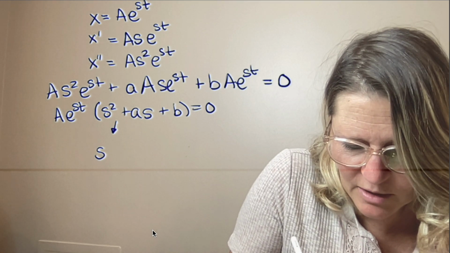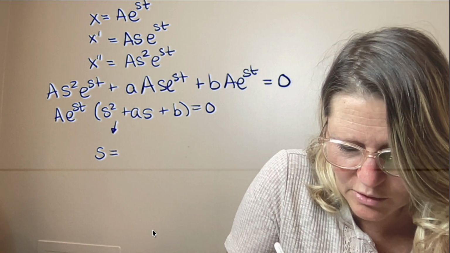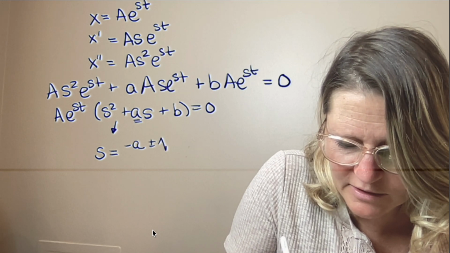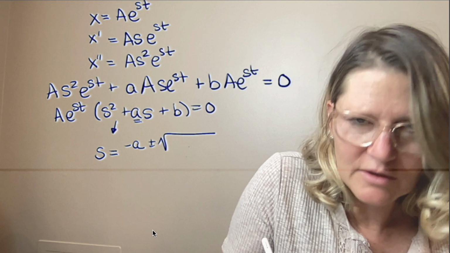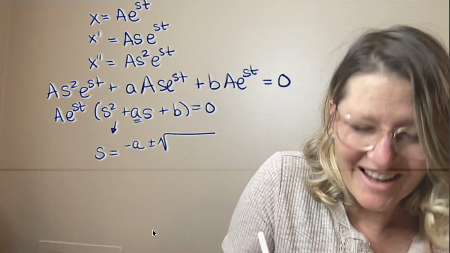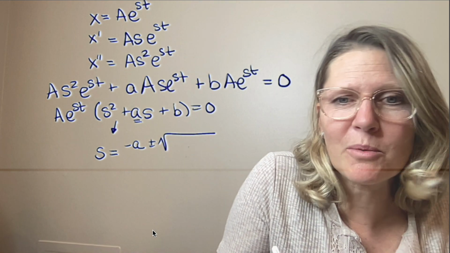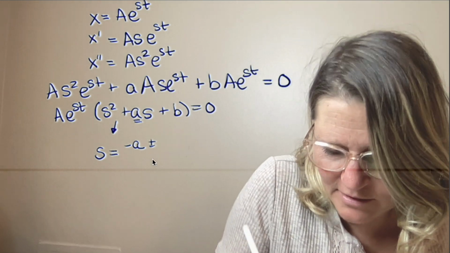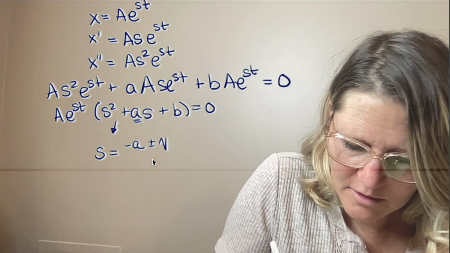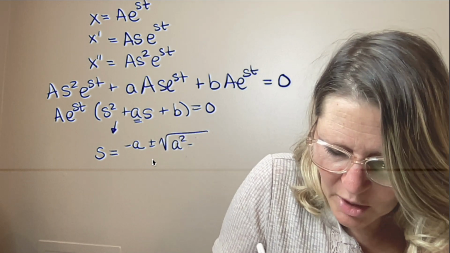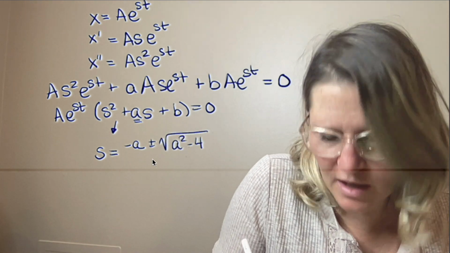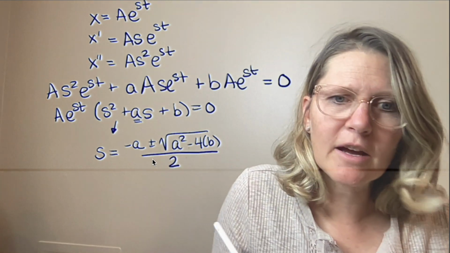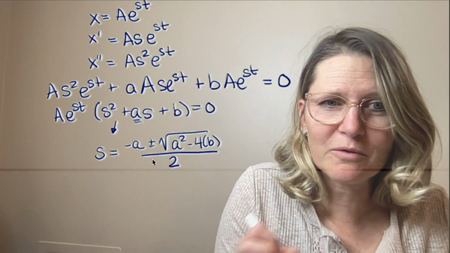So S is equal to minus B here, plus or minus the square root, sorry, not B, that is A. The variable in front of the plain S, so minus A plus or minus the square root of A squared minus 4 times 1 times B, over 2A, or 2 of the variable in front of the S squared.